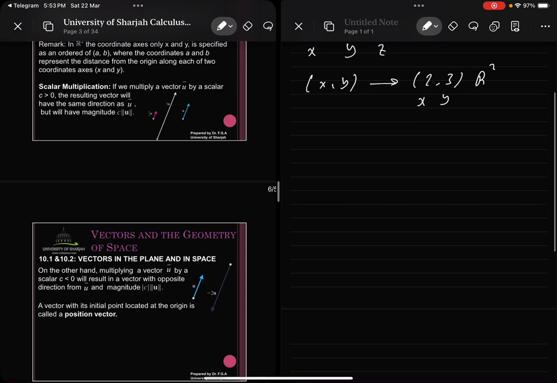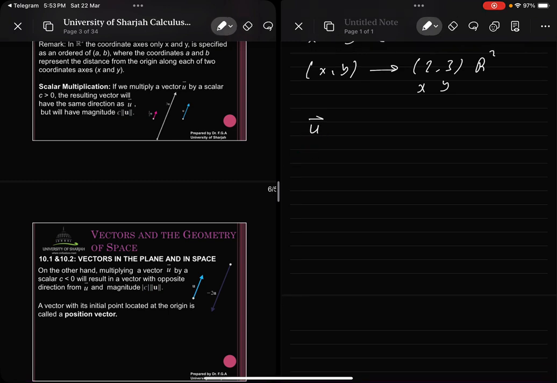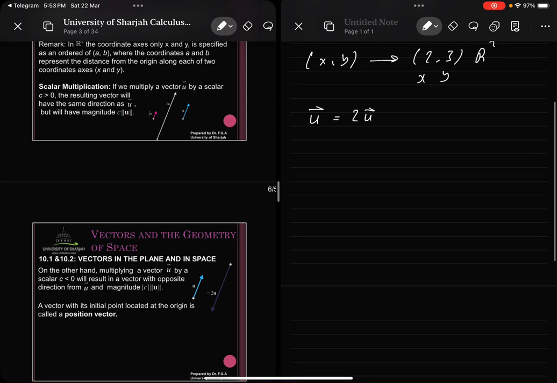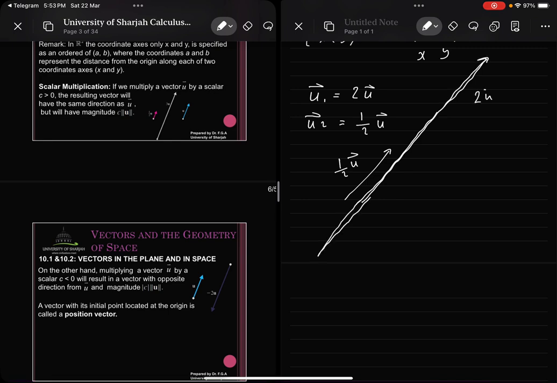For example, if we have u, then 2u, and half u. So half u will be like this, and 2u will be like this.